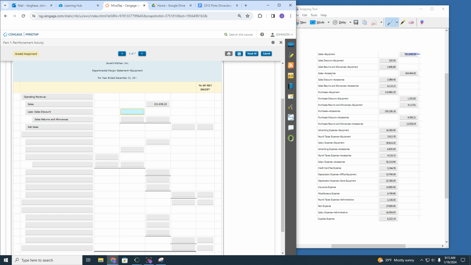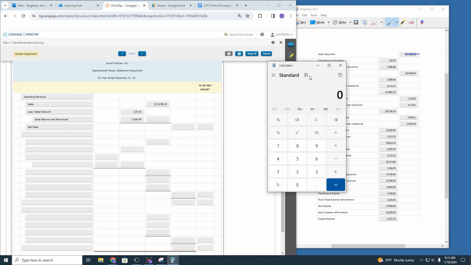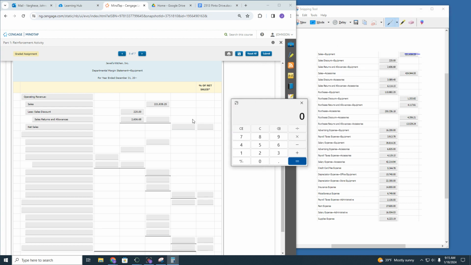So sales discounts for the equipment department is 225. Sales returns and allowances for the equipment department is 2606.68. So I'll grab those numbers, 225, 2606.68. And it looks like I need to just add those together. When I add those together, I'll have my total contra accounts to sales.